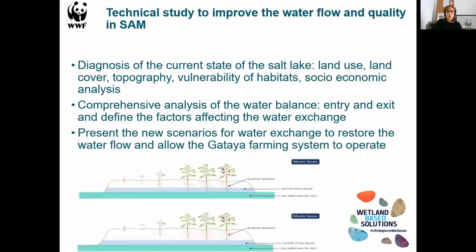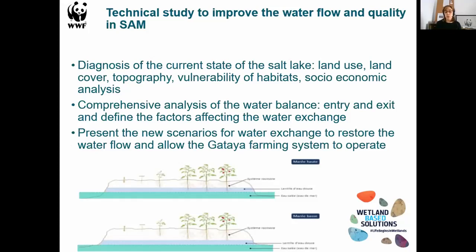Before talking about this study, I would like to mention that this project is happening now thanks to the MAVA Foundation and a number of partners in the Mediterranean region.